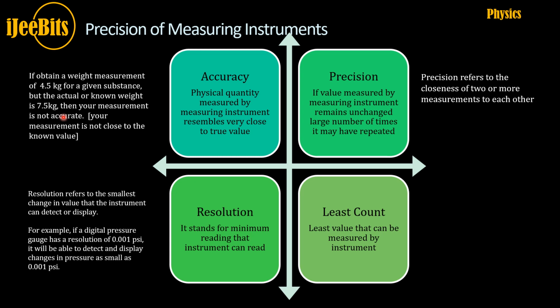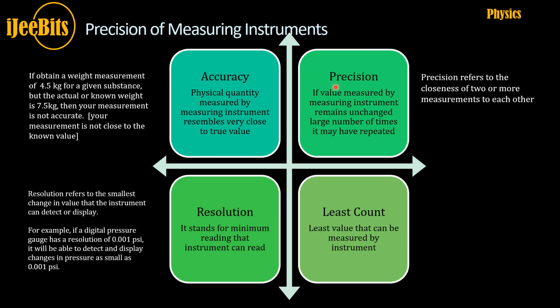The deviation of the measured value from the true value. So then your measurement is not accurate. That is how you say accuracy. Your measurement is not close to a known true value, is how we can understand the meaning of accuracy. Are you clear, guys?